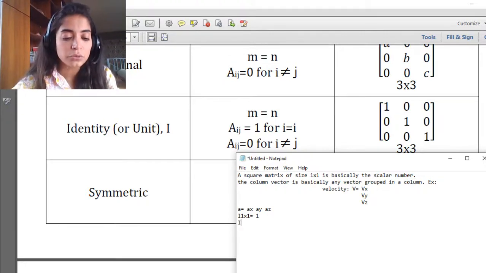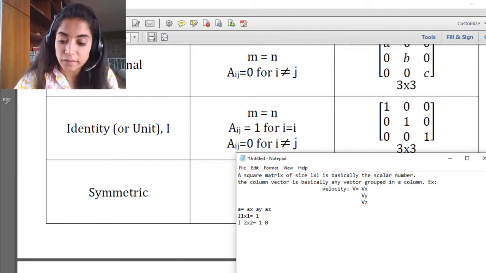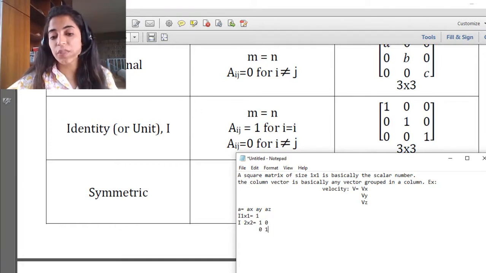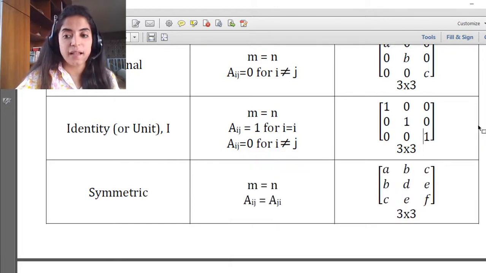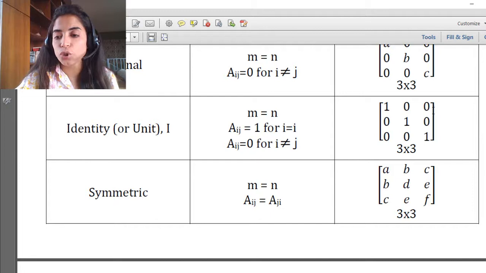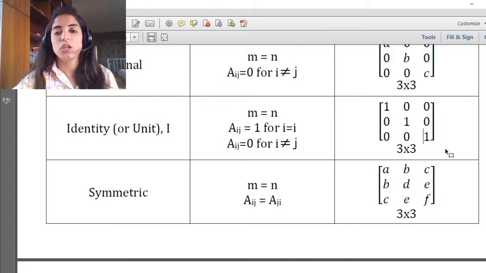Now, if I want to do I22, I22 is basically 1, 0, 0, 1. So this is I22. I33 is given here in this example. For I44, you should add 0 here, 0, 0, 0, 1, and 0, 0, 0, 1. So it will have 4 rows and 4 columns.